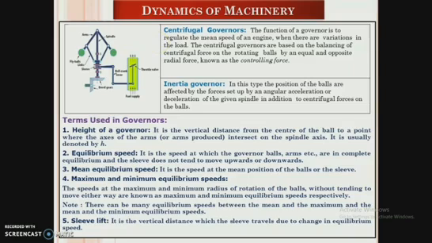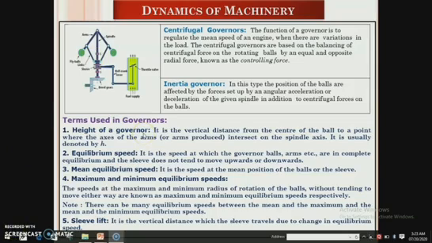On the other hand, when the load on the engine decreases, its speed increases and thus less working fluid is required. The governor automatically controls the supply of working fluid to the engine with the varying load conditions and keeps the mean speed within certain limits.